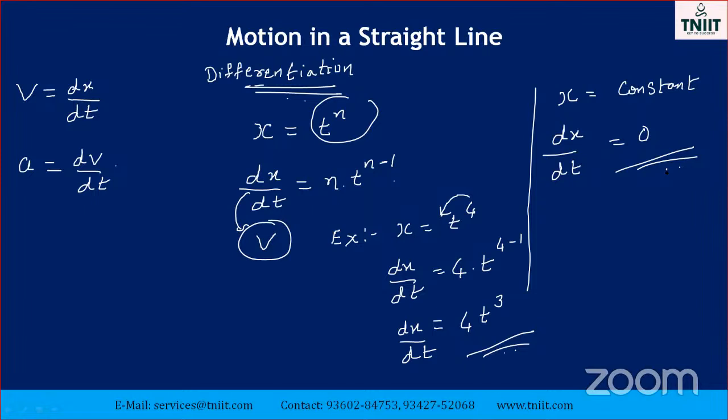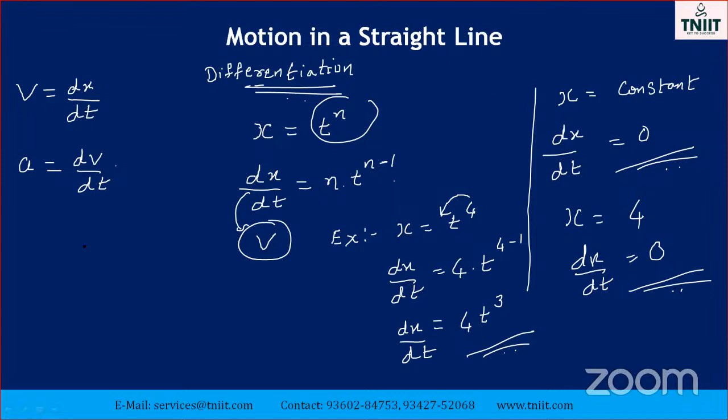If I say x is equal to 4, what is dx by dt? 4 is purely constant, right? For a constant term, dx by dt value will be 0. So this is the second formula.